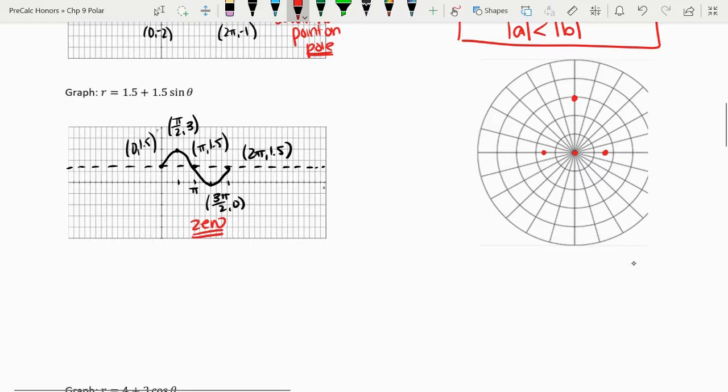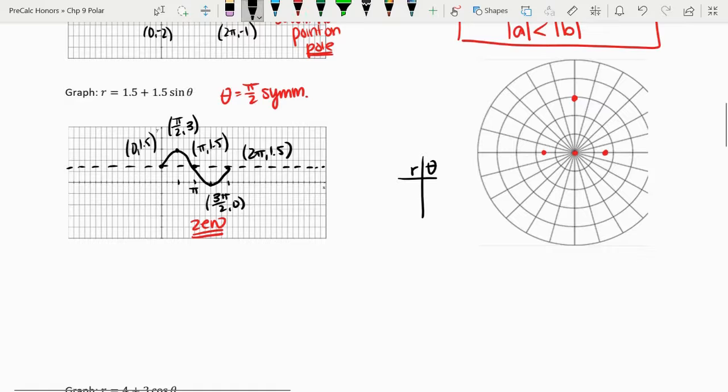If I'm not sure what's going on with this graph, I will, for myself, just check another point to help us out. This is a sine graph, so we also know that sine graphs usually have this pi over 2 symmetry, and from what we've seen from Limacons, we do pretty much know this to be true.